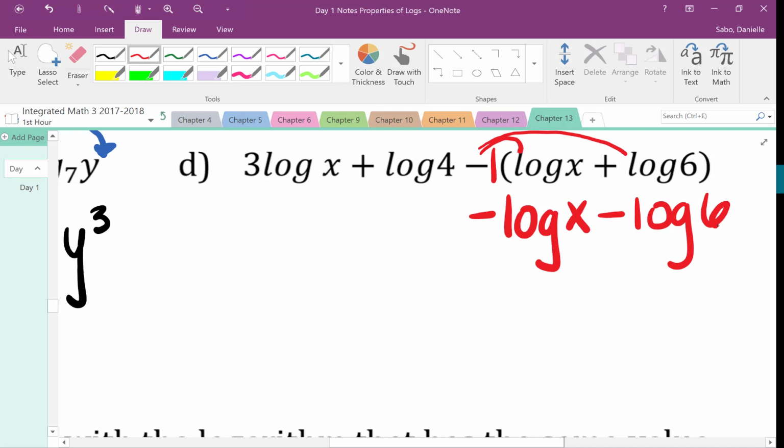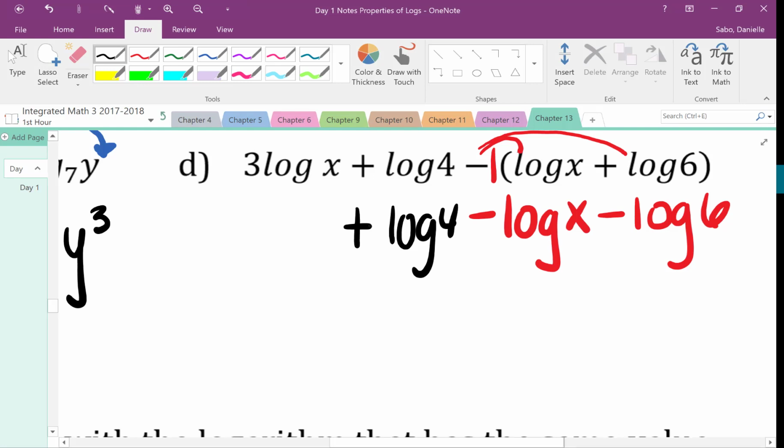Did I lose anyone on that step of why I did that? In black is going to be the same. But now that I look at this, I see a number out in front of a log. What can I do with it? Yeah, I can bump it up to the exponent of the argument. Now you guys keep hearing me say argument. That's why we feel it's very important that you understand what the argument is.